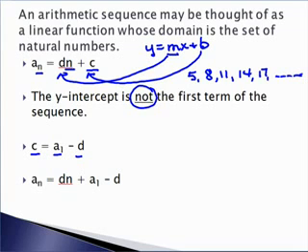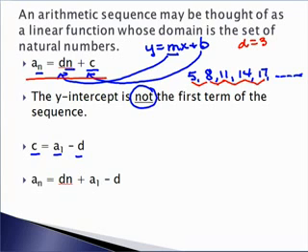So let's go back up to this one that says the a sub nth, or the nth term, is equal to the difference times n plus c. Okay, so our difference. We look at our sequence and we see that we're growing by a positive 3. So our d is 3.